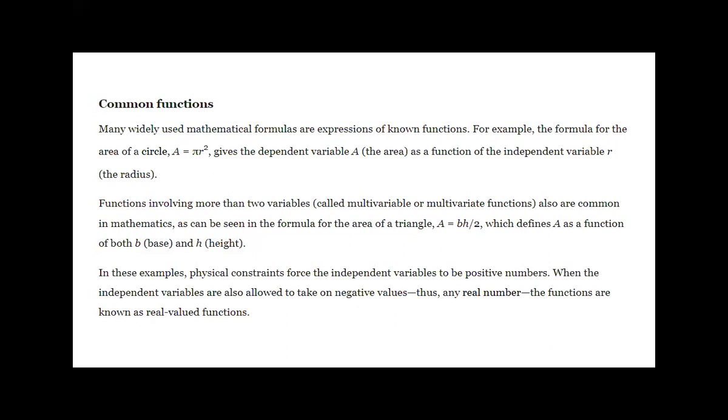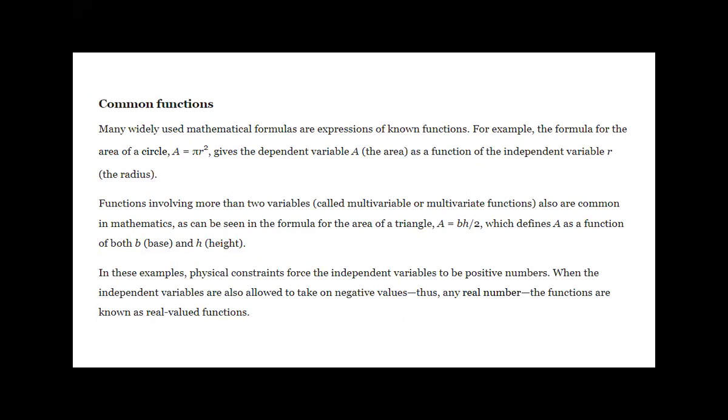Then functions involving more than two variables are called multivariable or multivariate functions. These are also common in mathematics, as can be seen in the formula for the area of a triangle, which we have also studied.